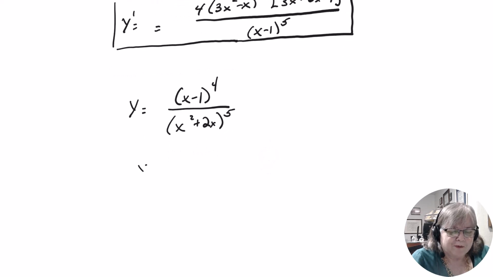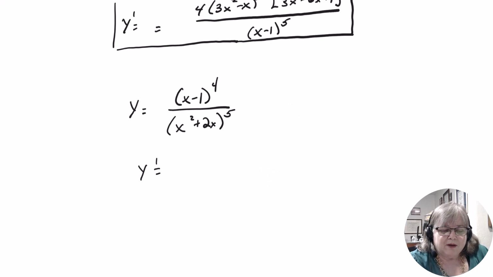Okay? y prime is. Now let's look this over. All right. Let's kind of narrate our way through. We have this x − 1 raised to a power. Then it's divided by another binomial raised to some power. So the outside is this quotient.